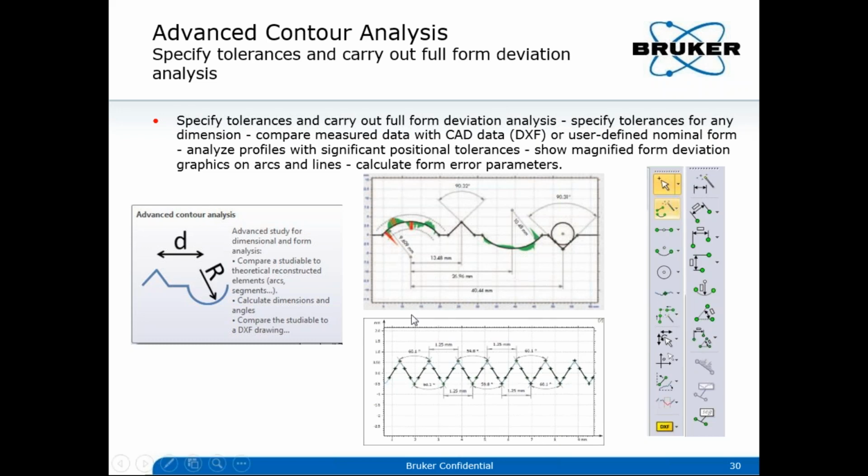For example, in these critical dimensions, you can compare with the design, and the green area is within the spec and the red area is out of spec. So you can compare your scan data with the design, and then output the result whether this scan data is within or out of the design spec.